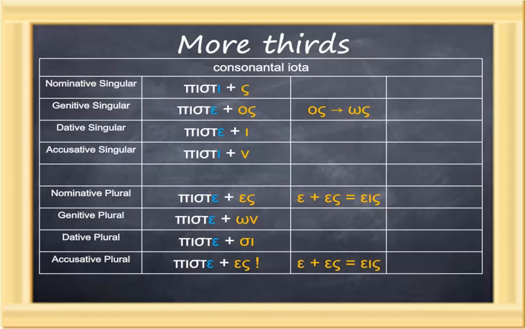In the nominative plural, the epsilon of the stem, and remember that's a consonantal iota, epsilon, combines with the epsilon of the nominative plural ending, epsilon sigma, two epsilons merging to make the diphthong epsilon iota. So actually in this case, the consonantal iota behind the epsilon is acting more like a vowel than a consonant.